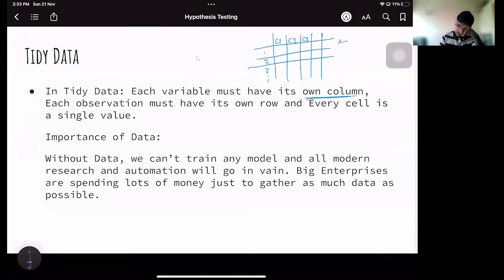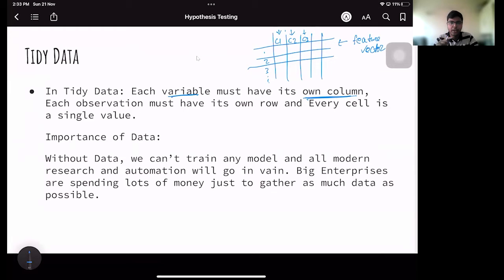So this is called a feature vector, because this is a vector which has different features, this one, this one, this one. So each variable must have its own column.